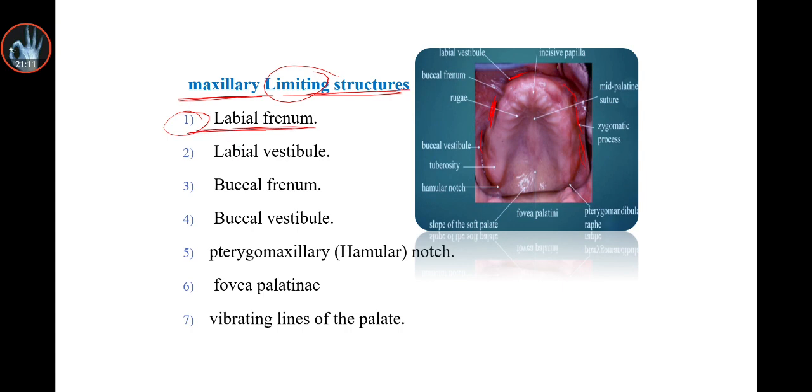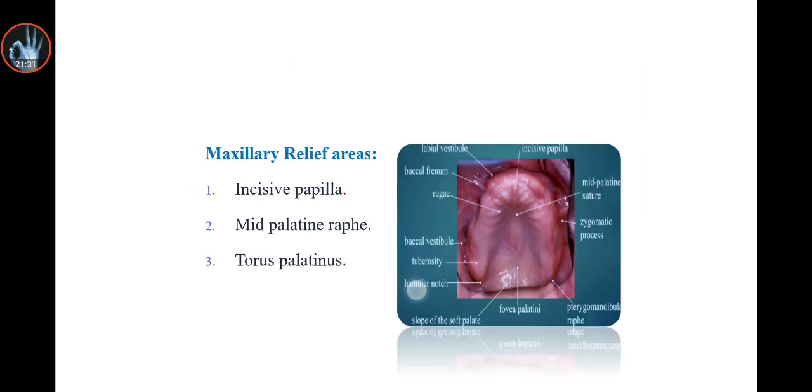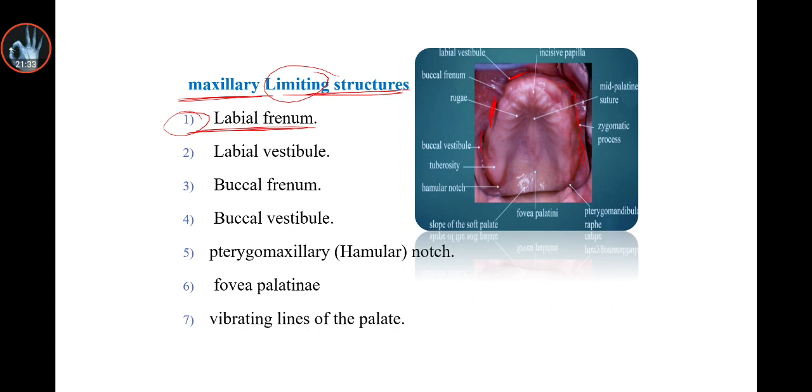So we have the labial frenum. The frenum is the excessive soft tissue found in some places. I don't know if I can give you a good definition, but let's describe what the frenum is.